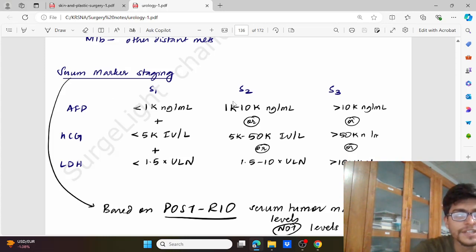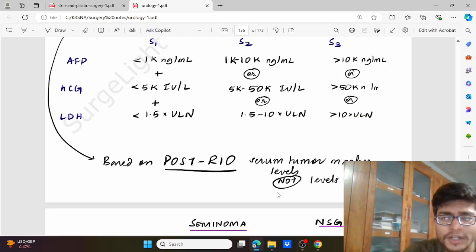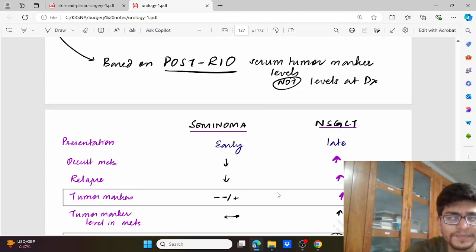Now stage 2, that is AFP 1000 to 10,000 or HCG 5,000 to 50,000 or LDH 1.5 to 10 times upper limit of normal. And in S3, that is AFP more than 10,000 or HCG more than 50,000 or LDH more than 10 times upper limit of normal. And these are based on the post radical inguinal orchidectomy tumor marker levels and not levels at the diagnosis.